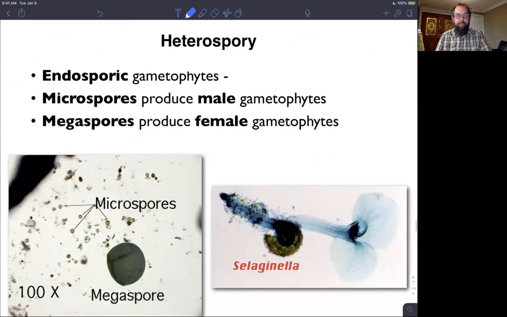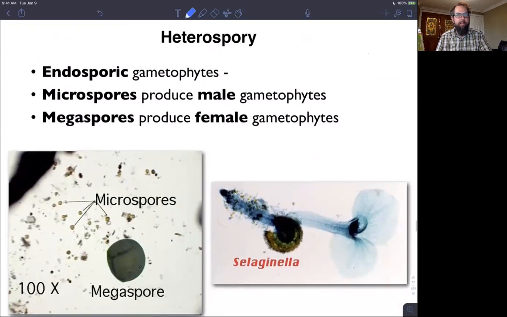There are a couple different things about heterospory that I want to mention as well. One is that in heterosporous plants, so this is in anything that's heterosporous, the gametophytes are endosporic. And so these gametophytes are reduced even more. So the gametophytes develop inside of the spore wall.